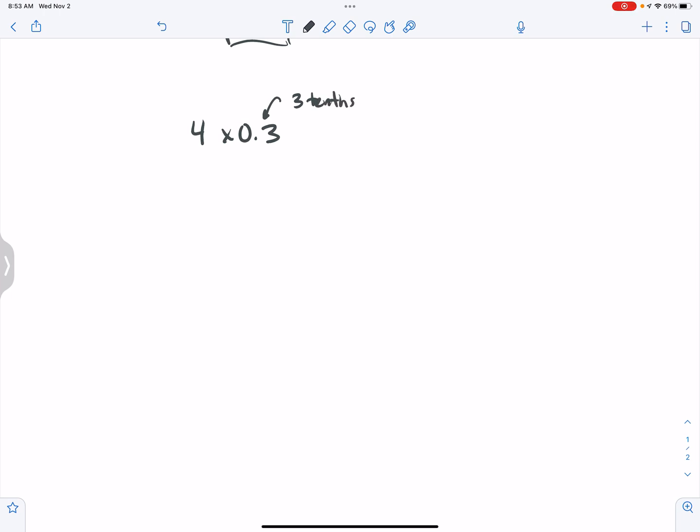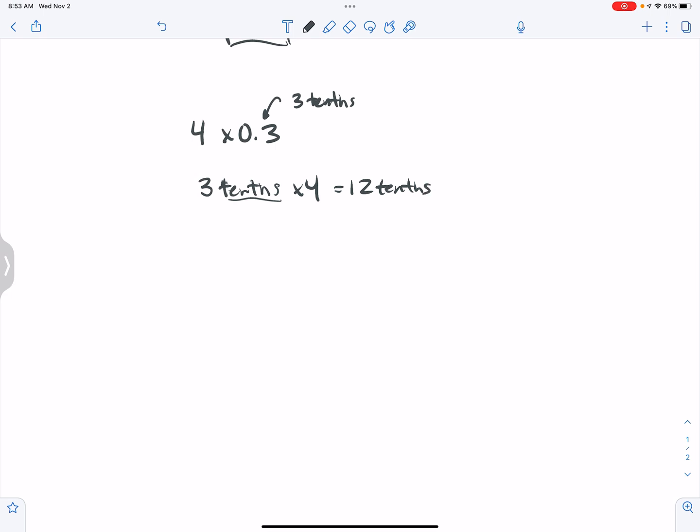Because if we think of that as 3/10 instead of 0.3, we know that we have 3/10 times 4. And if I use this tenths as almost like a unit, I'm basically just doing 3 times 4, and I know that's 12, and my unit here was tenths, because those 3's are tenths, they're not just 1's. So 3/10 times 4 is 12/10.